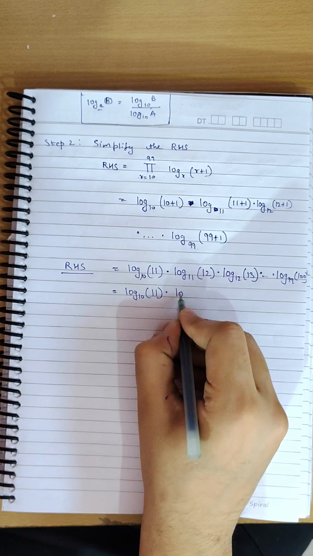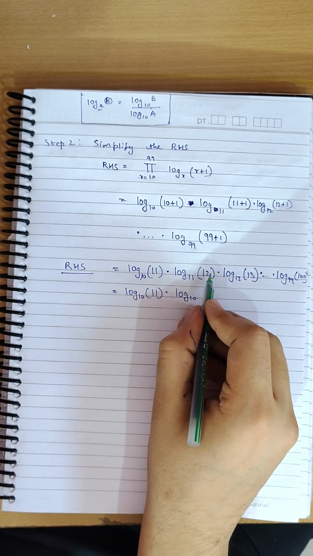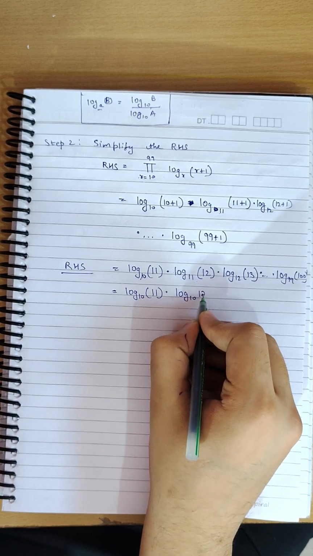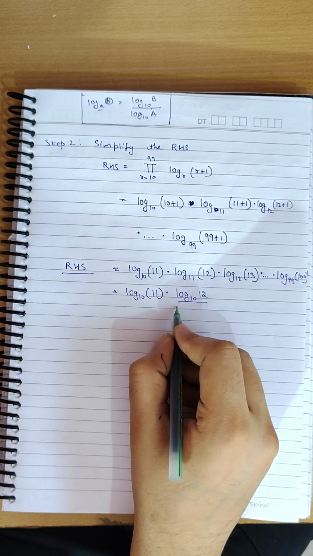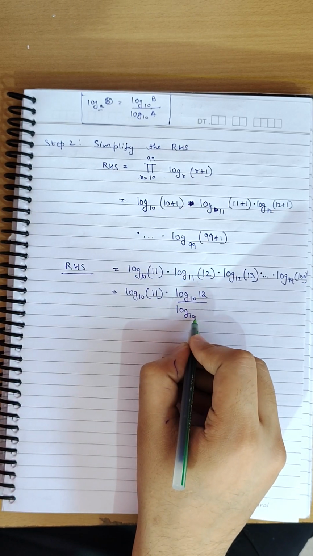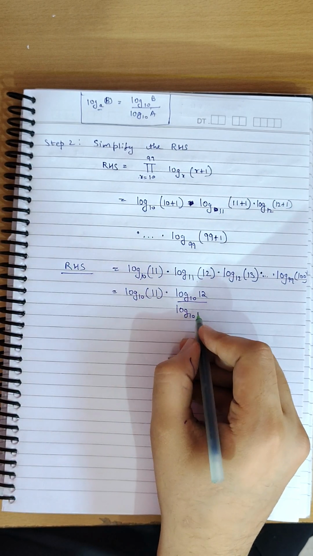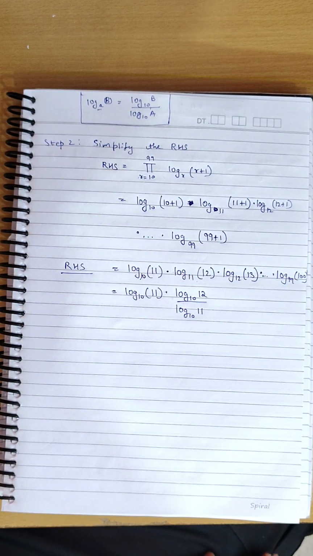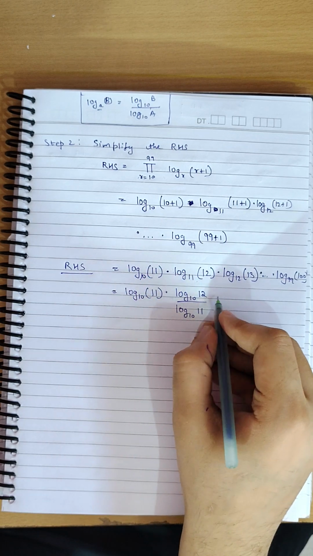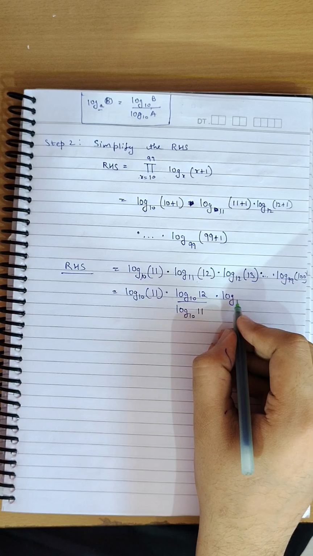So how would we convert this? Log, first we have to write 10, then this 12 input value divided by log, then we write 10 is our base, and then we have to write this 11, okay, our original base, and we continue it for every value.